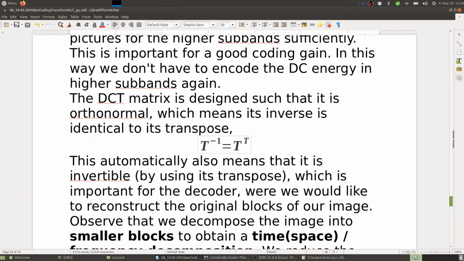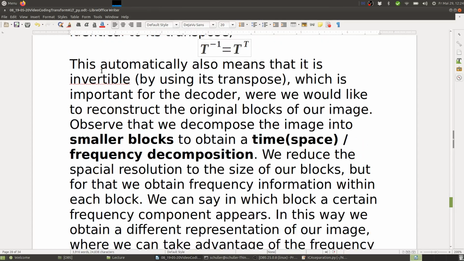And the DCT matrix is designed such that it is orthonormal, which means its inverse is identical to its transpose. So very practical. This automatically also means that it is invertible by using its transpose, which is important for the decoder where we would like to reconstruct the original blocks of our image.